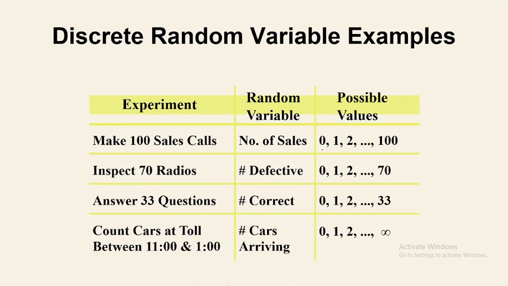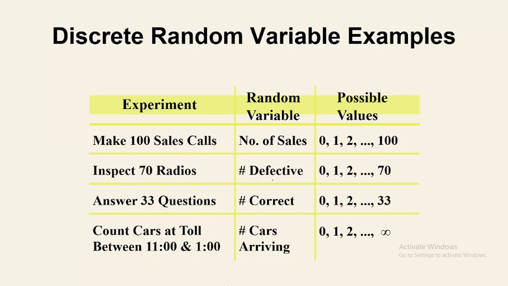If only 1 sale occurs out of 100 calls, then X will be 1. If 2 sales occur, it will be 2. If all 100 calls result in sales, it will take 100. So these are countable values, 1, 2, 3. For a finite number of values, it is a discrete random variable.